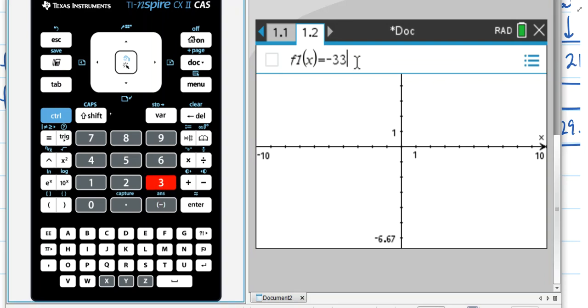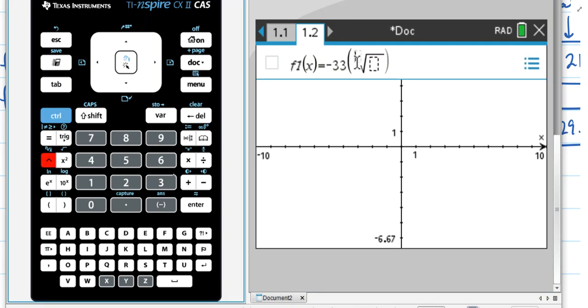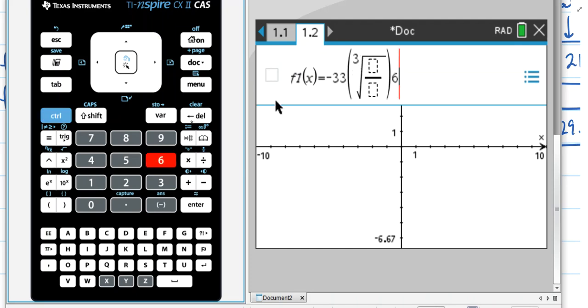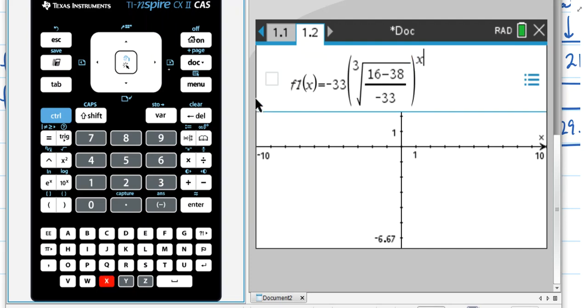Negative 33 times the cube root of the fraction 16 minus 38 over negative 33, to the power of x, and we add to that 38. I don't want to forget that 38.